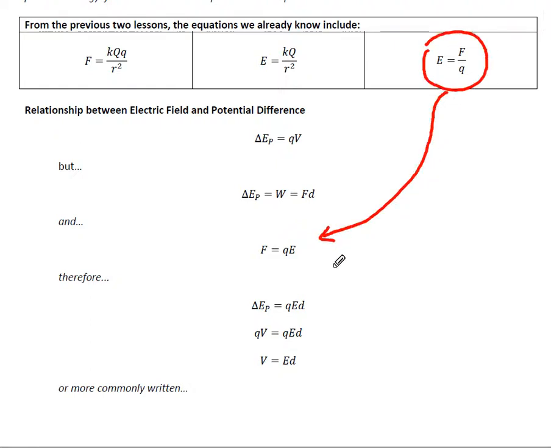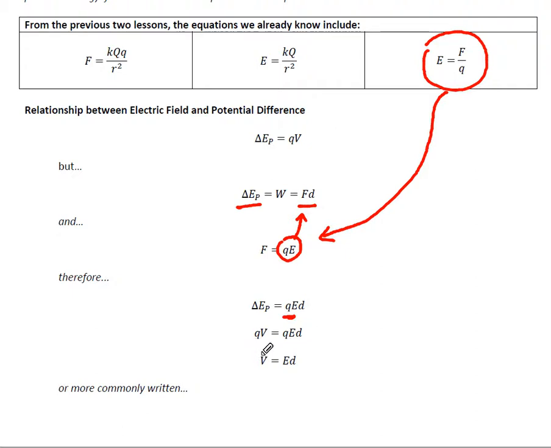We get force is equal to QE, but we also have work, energy is equal to FD. So we're going to replace force with QE. So change in energy is just equal to QE times D. So charge times electric field times the distance.